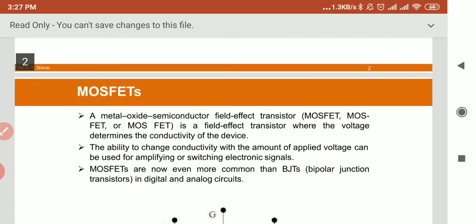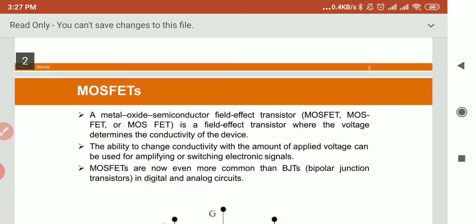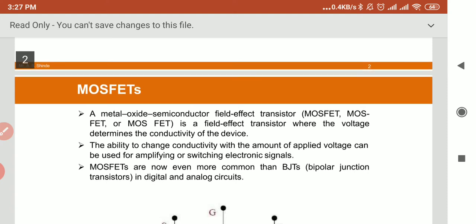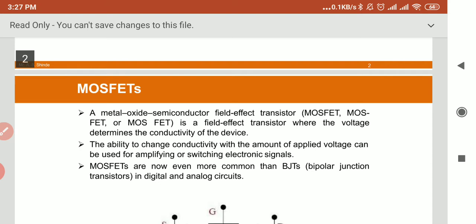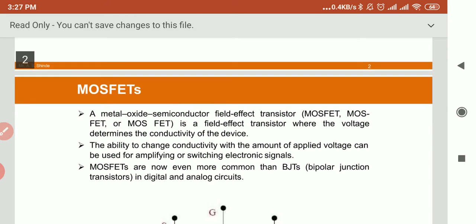We will create the channel by applying a positive gate-to-source voltage between the gate and source terminals. It means we can create a channel by giving positive VGS for an N-channel MOSFET, and we can create a channel for a P-channel MOSFET by giving negative VGS between the gate and source terminals.